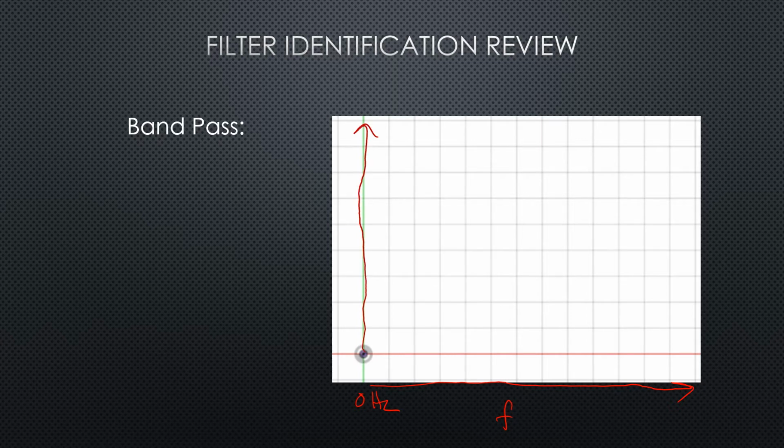On a band pass, we're only going to pass a specific set of frequencies. And so low frequencies are going to be attenuated, and then we're going to pass our pass band, and high frequencies are going to be attenuated. So there's our band pass.